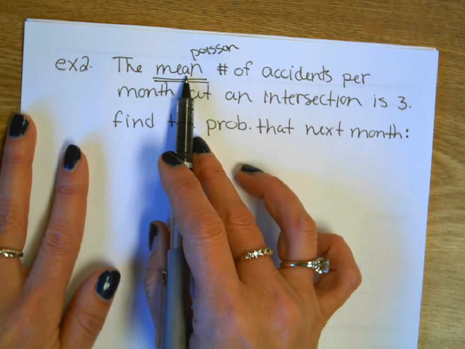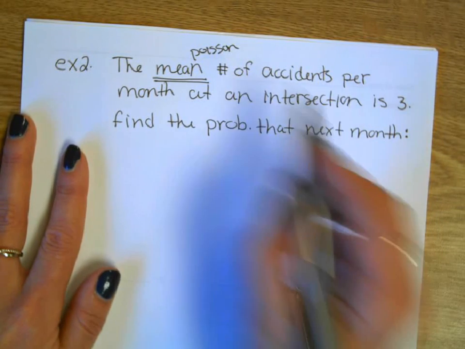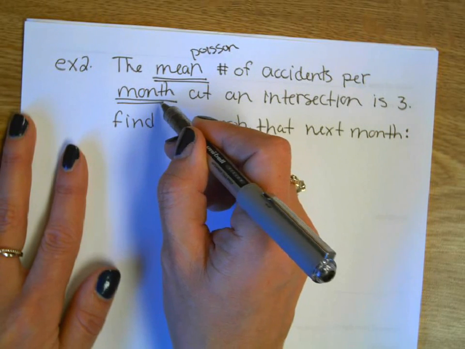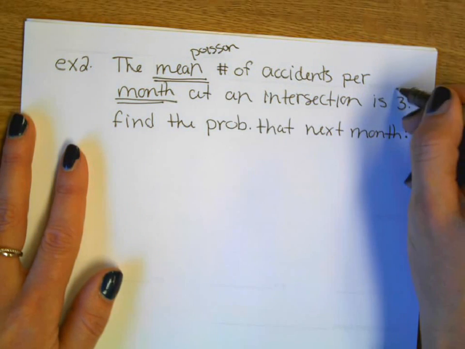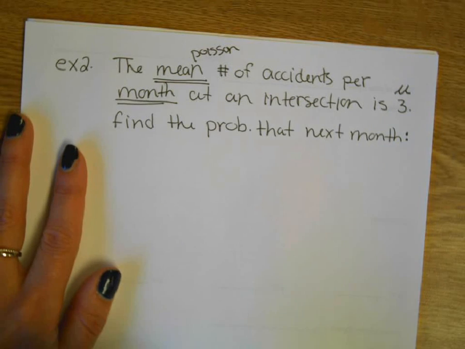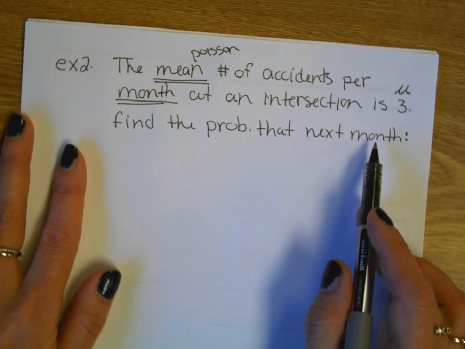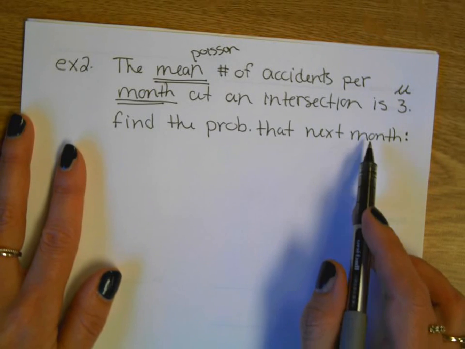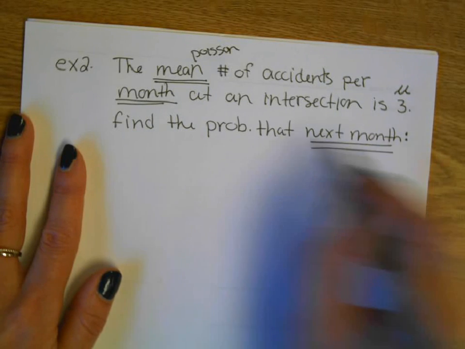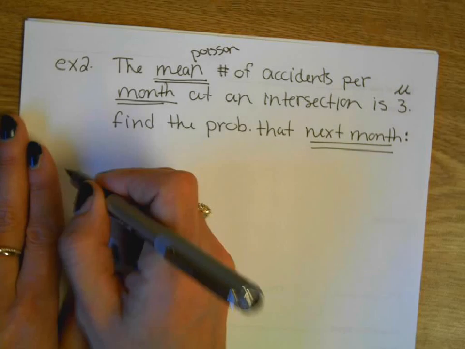Only the Poisson. So the mean number of accidents per month, that's our time interval, is 3. So that makes our mu value the 3. And notice the question has to be for the same time interval. Per month, next month. So those have to match.